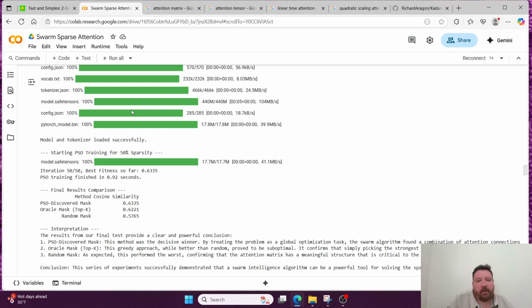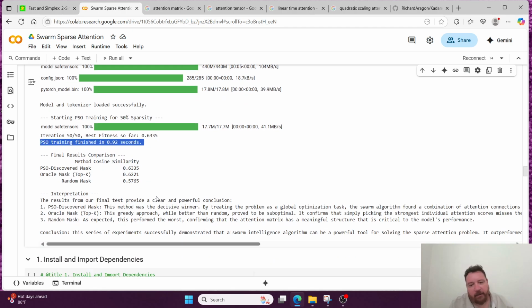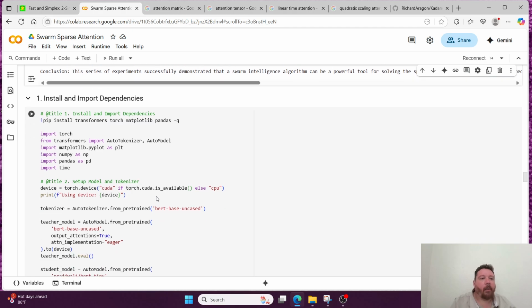The very first test that I showed you was at 90% sparsity, and at 50% sparsity we still have it outclassing. It's still the best method, and this is just PSO, particle swarm optimization. You can see 0.92 seconds for it to complete, less than a second for the PSO optimization.